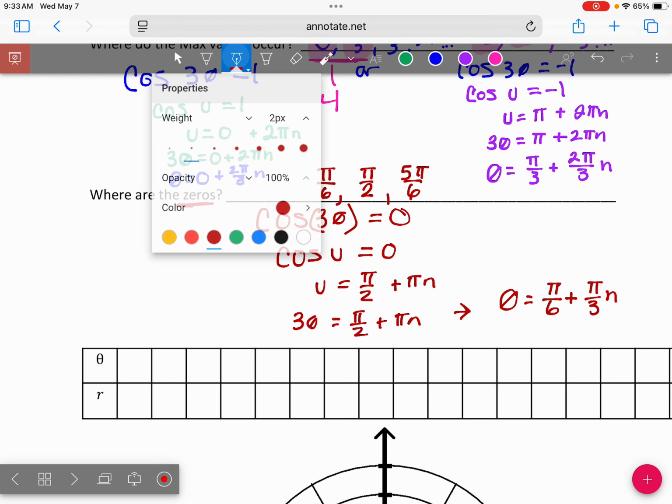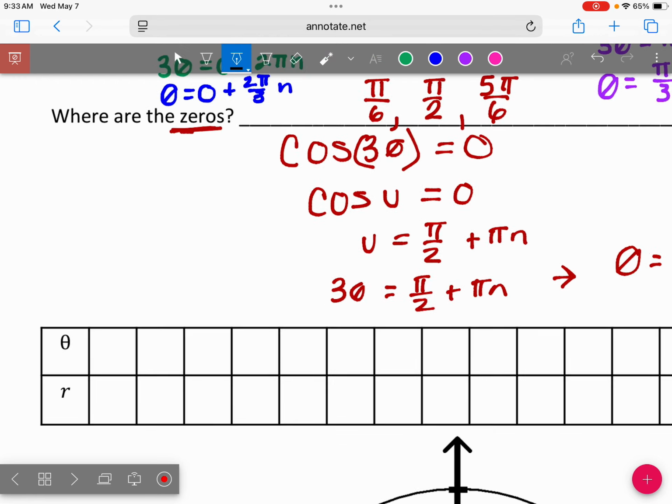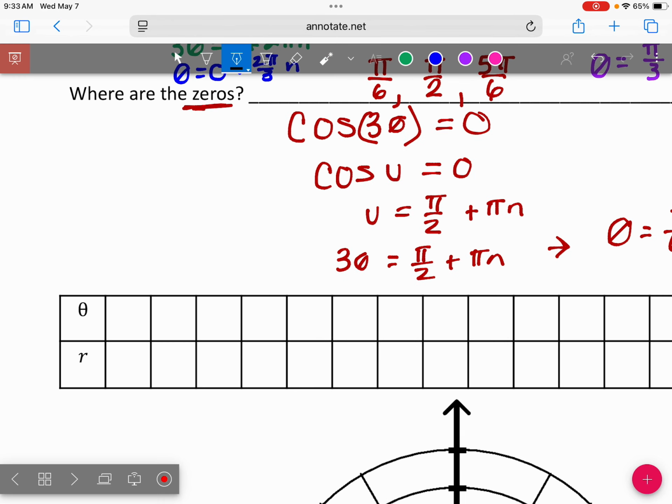So if we look at our table, thinking about all the points we fill in, we know this one has a period of pi. So looking at all our unit circle values, which we don't necessarily have to fill in the whole table. Once we get a little bit more familiar with these, we're going to be able to do it with a way smaller table. But you can always do a full table if you want to.